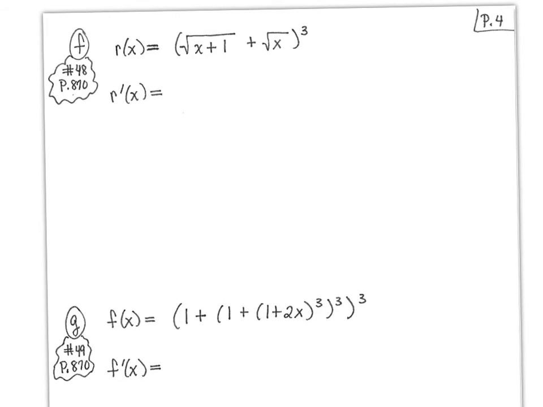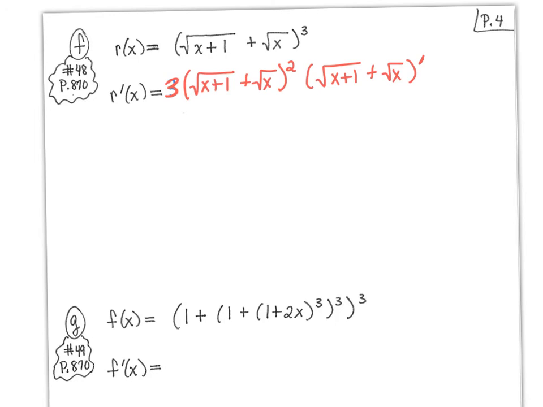Okay? So, R of x is this function. We want to find the derivative. Here I'll write the primes in, just so you can see what's being done. So you have 3 times the quantity, the square root of x plus 1, plus the square root of x, raised to the 3 minus 1, which is 2, times the derivative of square root of x plus 1 plus the square root of x.